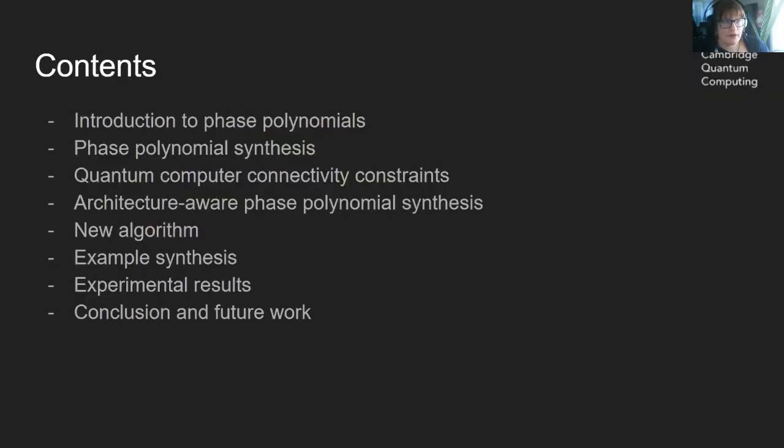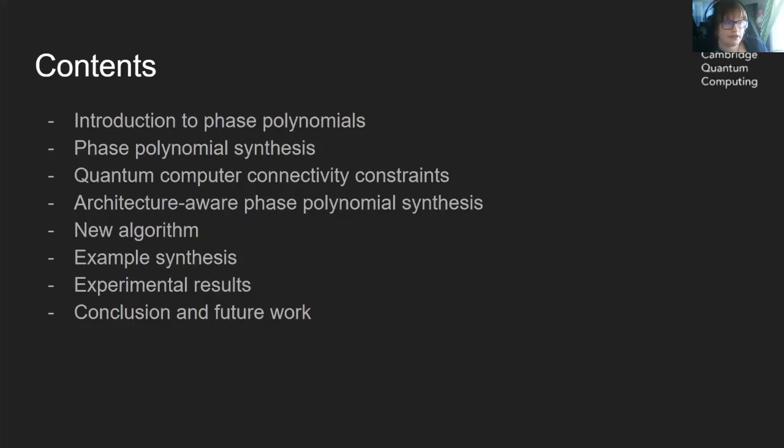So in this talk, we will first give a basic introduction to phase-polynomials and how they can be synthesized in an architecture-agnostic manner. However, as many of you are aware, current quantum devices have explicit constraints regarding which two qubits can interact with each other. So we'll briefly discuss the current methods of synthesizing phase polynomials that abide by these architecture-imposed constraints.